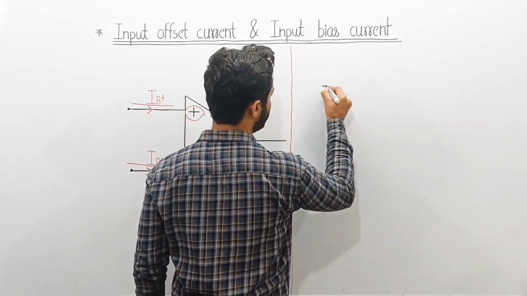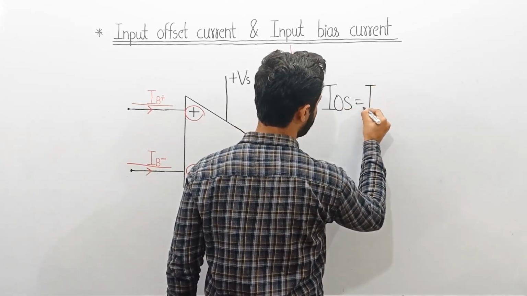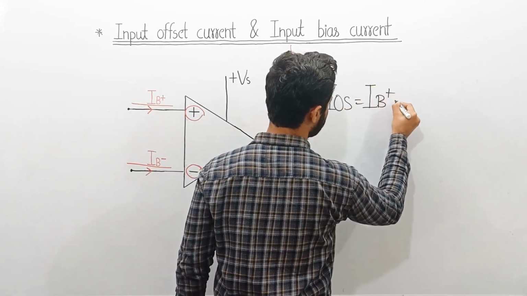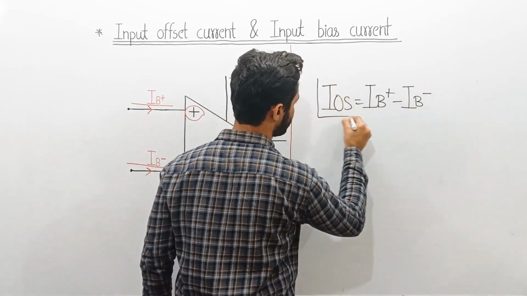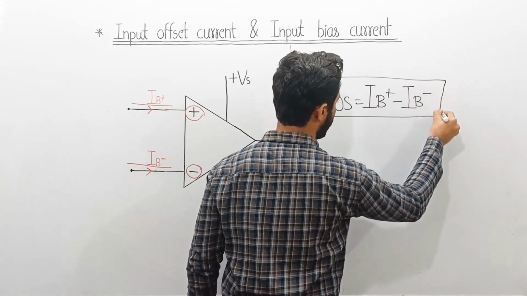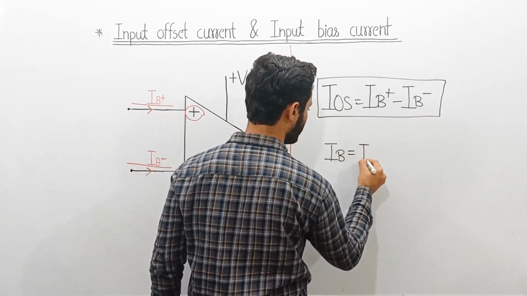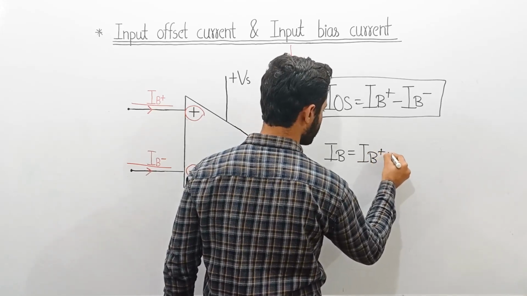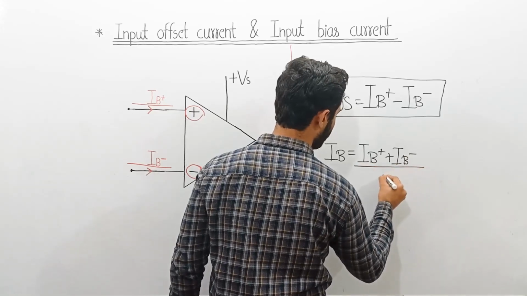So input offset current IOS is equal to IB+ minus IB-, and input bias current IB is equal to IB+ plus IB- divided by 2.